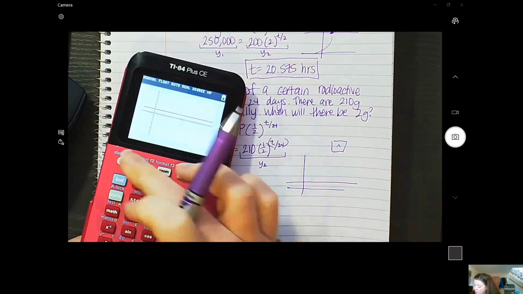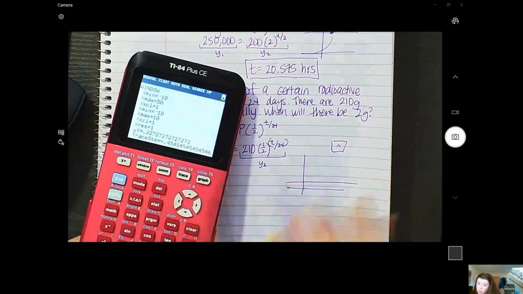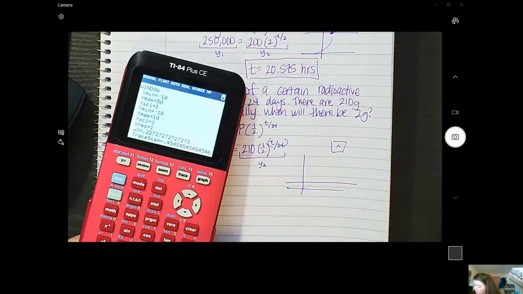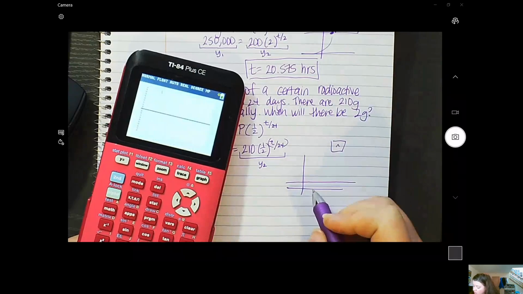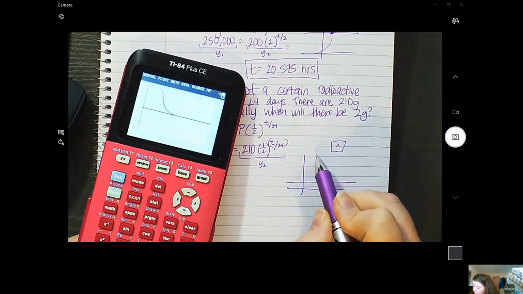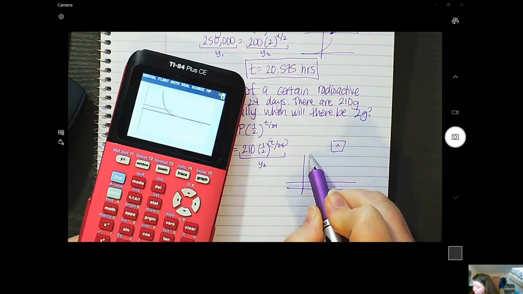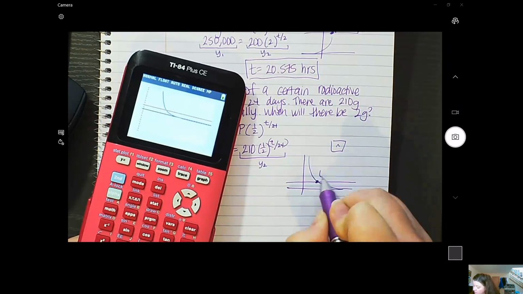And I don't see the other part of the graph yet, which means I must not see out far enough. On Desmos, you can just pinch the screen until you see stuff. But on here, I've got to be a little bit more deliberate. So I'm going to go out to 500. That might be way too much, but we'll see. Ooh, there it is. Where is that spot right there?